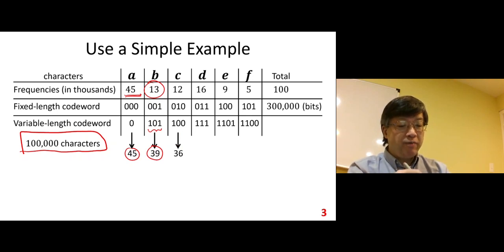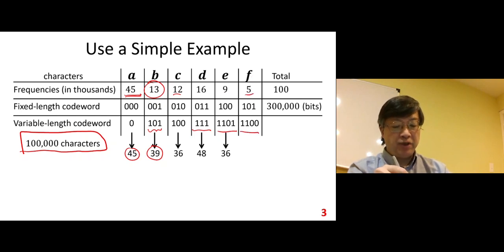C, 3 times 12,000 bits. D, 3 times 16,000 bits. E, 4 times 9,000 bits. F, 4 times 5,000 bits.